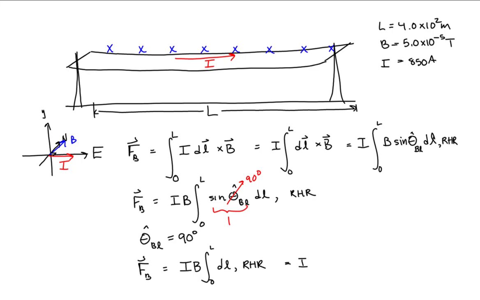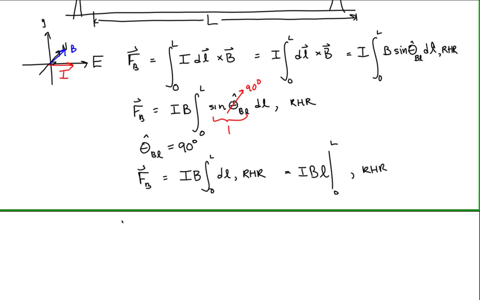When we integrate this, we get IBL, which means that the magnitude of the magnetic force is just IBL, and we're going to have to use the right-hand rule to figure out the direction of the magnetic force. I can see that the right-hand rule is going to tell us that the direction of the magnetic force is going to be upward in the y direction.